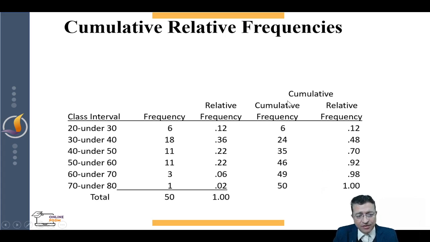So it can be calculated directly by making the running total of these relative frequencies, or you can first convert into cumulative frequency and then calculate. Simple calculations are being used. It would be easy to understand, and I hope you are getting all these calculations here.